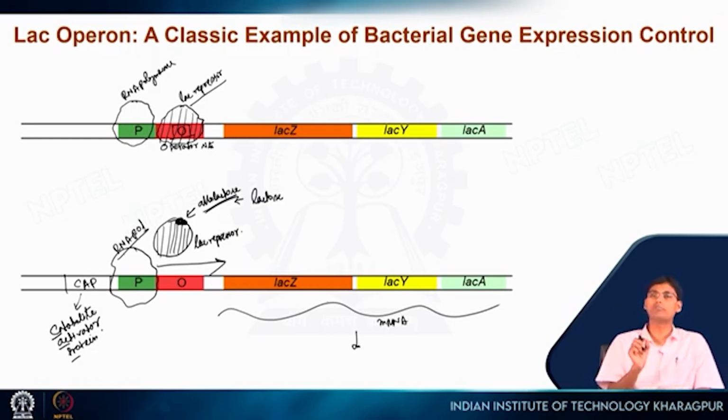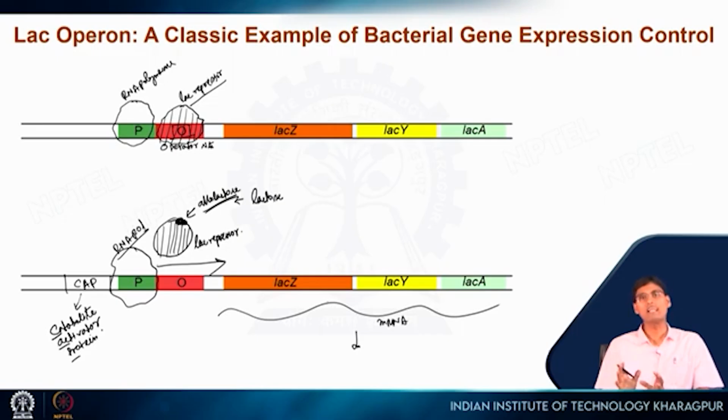But if the amount of glucose is low inside the cell, then because of the metabolism we will have more cyclic AMP. This cyclic AMP binds to the catabolite activator protein, and after that it helps the expression of this set of genes. So as a result, glucose and lactose both decide the fate of this lac operon, not just lactose.